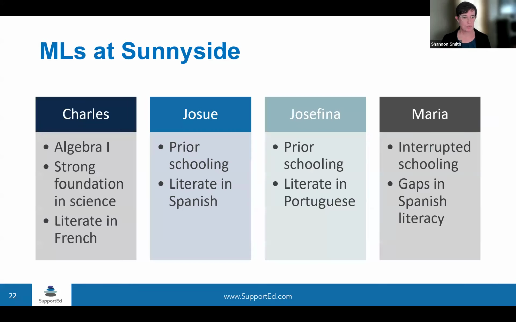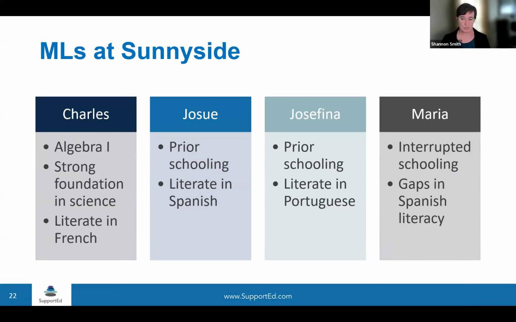So most importantly, yes, we have the schedules and how it fits in the teacher land, but let's take a look at what those schedules look like for 4 students at Sunnyside that were enrolled in the newcomer program. We have Charles, Josue, Josephina, and Maria. Charles came to Sunnyside with prior schooling, such as the equivalent of an Algebra 1 course and a strong foundation in science.